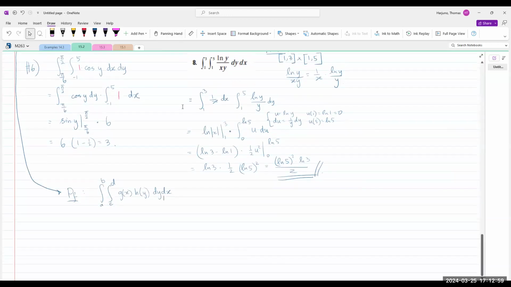Now, notice that because g(x) is independent of y, then I can move it out. Integral from a to b of g(x), integral of c to d of h(y) dy dx. You see that?